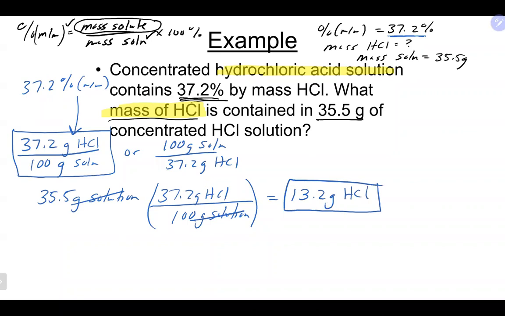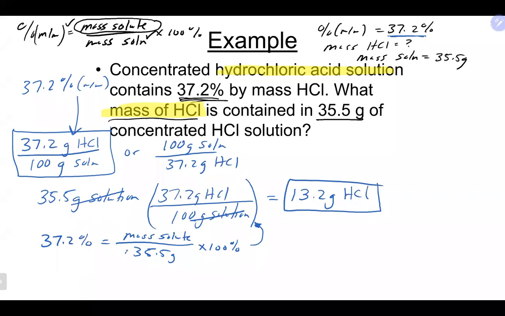Any questions on that? Now, if you just plugged and chugged into the equation, you would have done 37.2% equals the mass of the solute divided by 35.5 grams times 100%. Math-wise, you would have done the exact same math as above, so it comes out the exact same when you solve for it.